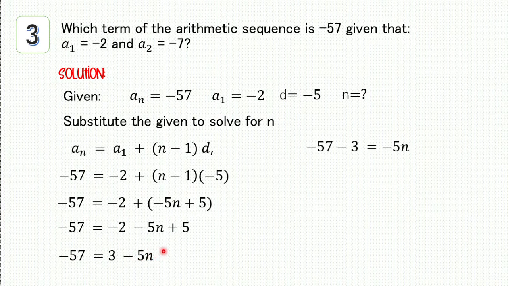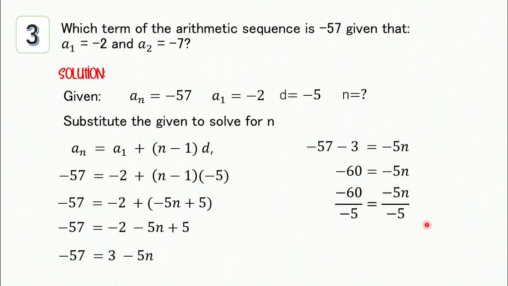And after this one, we're going to transpose natin yung 3 to the left side para yung right hand side is negative 5n na lang. So, magiging negative 57 minus 3 equals negative 5n. And simplify natin, negative 60 equals negative 5n. So, what number are we going to divide para ma-eliminate yung negative 5? And that is negative 5.